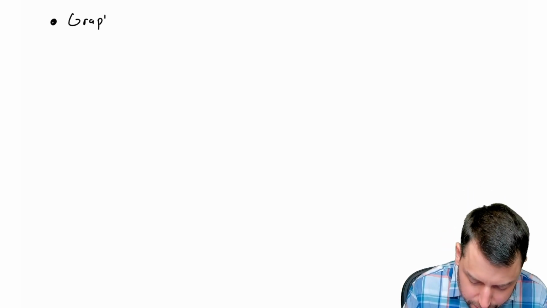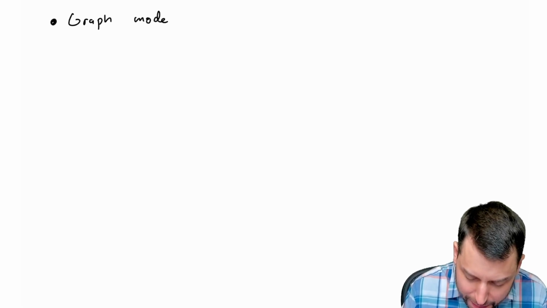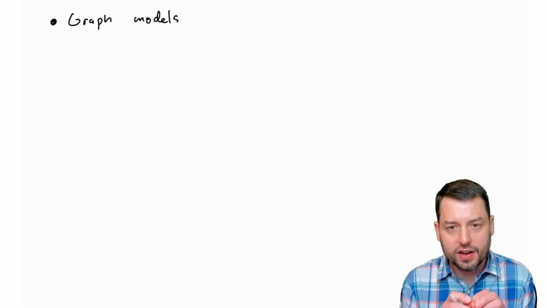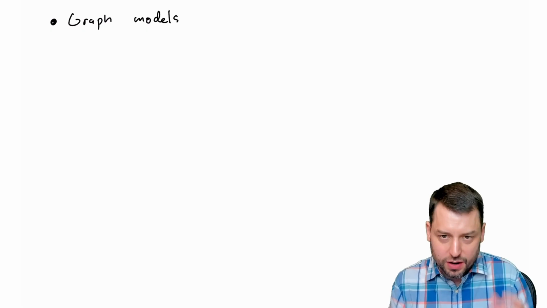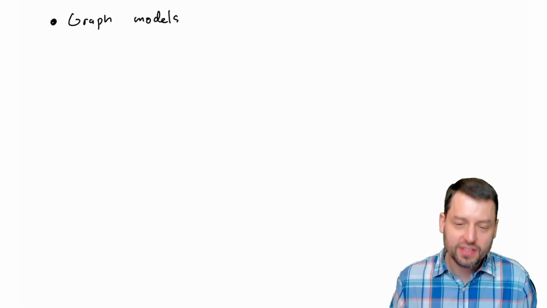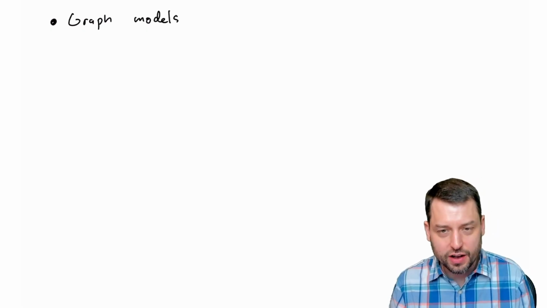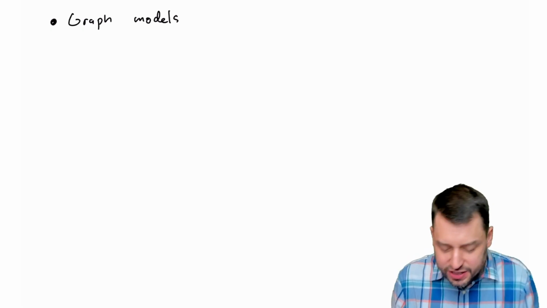But you have things like graph models, where you represent the nodes of a graph. This is a graph in the computer science sense, so a collection of vertices and edges.